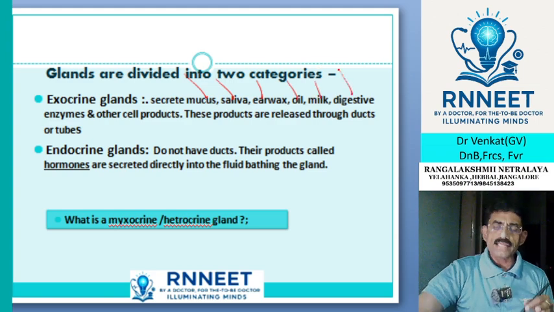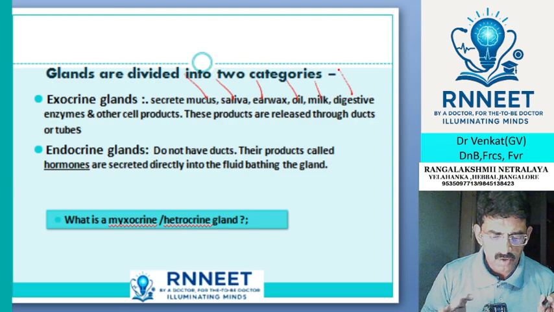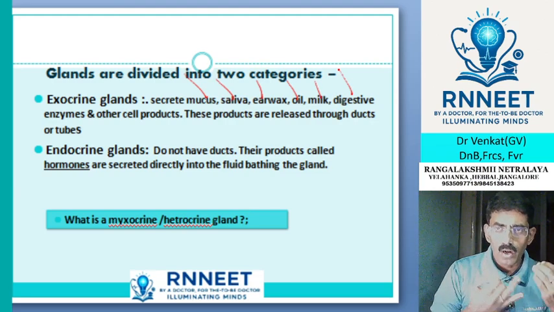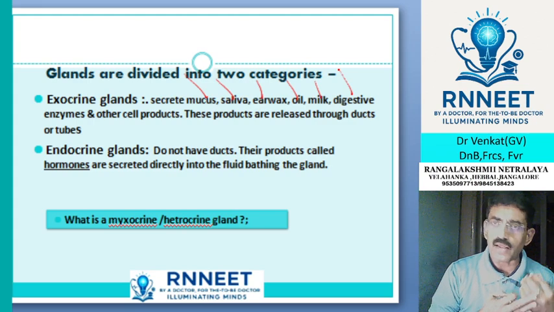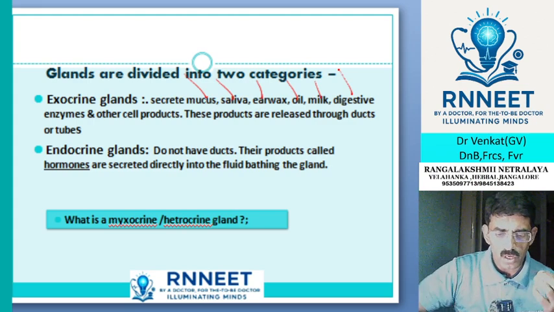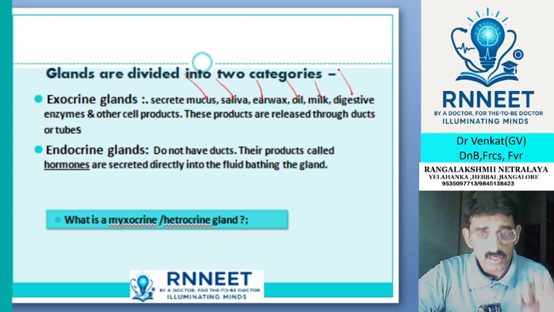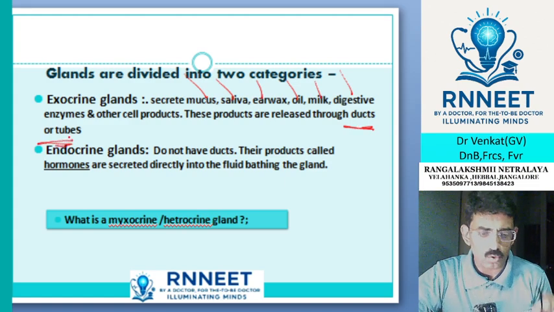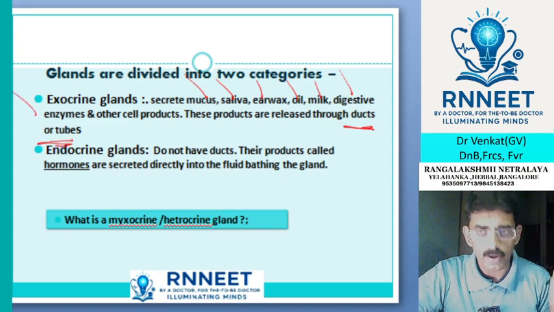All these are secretory products, and they are secreted through ducts or tubes. If they come out through tubes, that is called an exocrine gland.